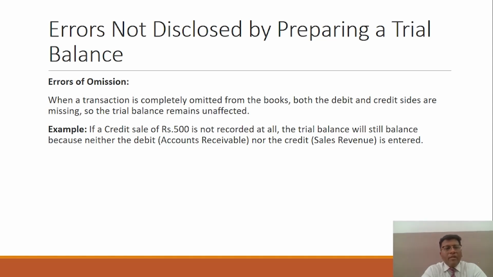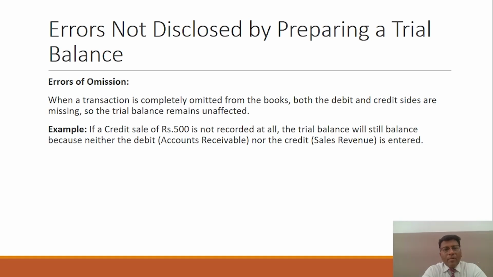So for example, if a credit sale of rupees 500 is not recorded at all, what would happen if you don't record this transaction as a journal entry, or you don't post it into the ledger? If you try to make the entry of this transaction, you will find that a credit sale is there, right? So what would be the entry? You are selling to someone, suppose X, so X would be debited and sales account credited.